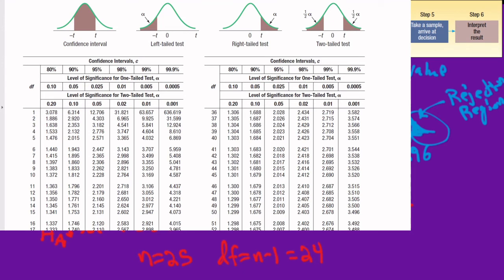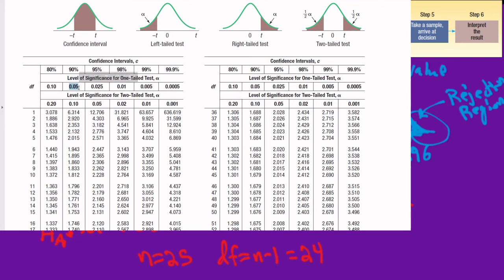Remember when we first talked about t-tables, we were dealing with confidence intervals, and we said to ignore this level of significance. Well, now we're ready to incorporate that. We are working with a one-tailed test. So there's two extra rows here, and it depends on if you're looking for a one or a two-tailed test. We're going to focus on the one-tailed test, and we're looking for a 5% significance.